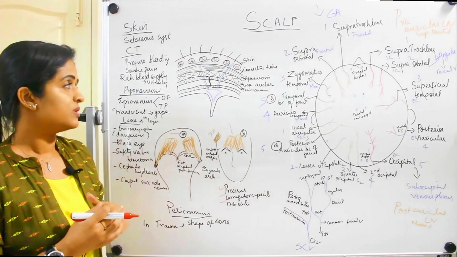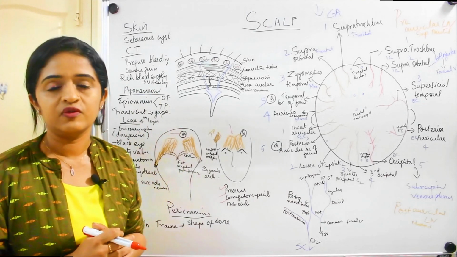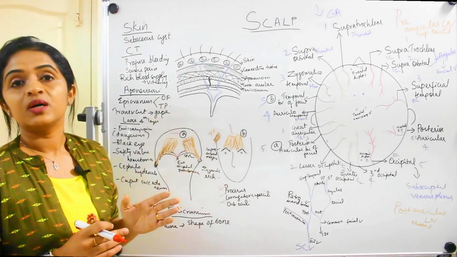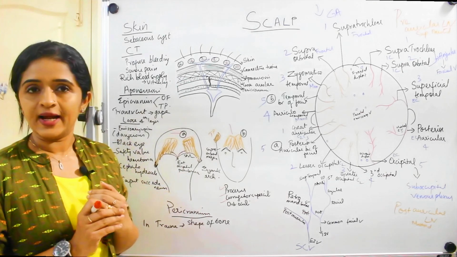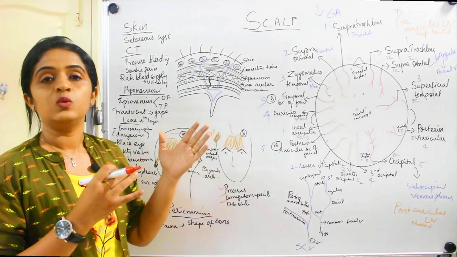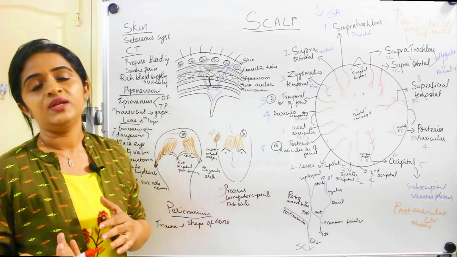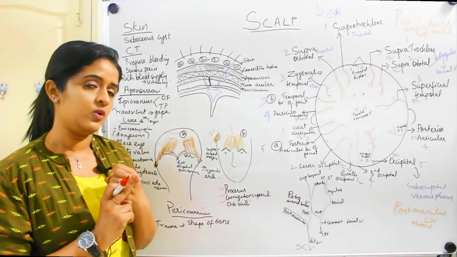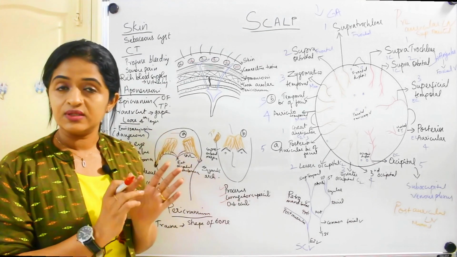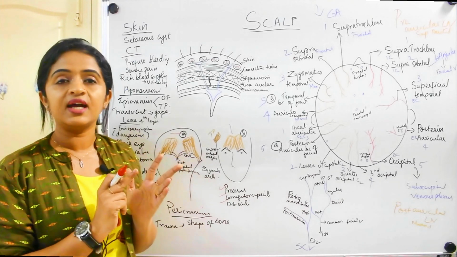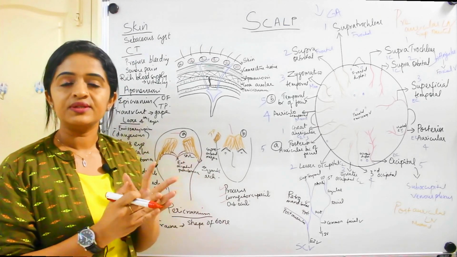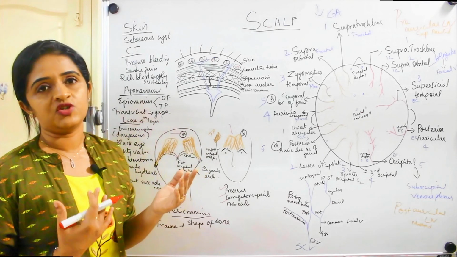I would like to add some more points for the emissary vein. Emissary veins are veins which are devoid of valves, and they connect the veins of the scalp with the veins of the cranial cavity. That is the one point which you have to remember: emissary veins are devoid of valves. So when we say that veins are devoid of valves, they can carry blood in either direction.